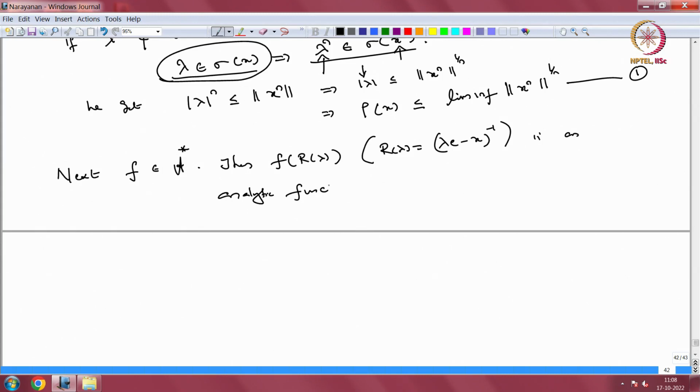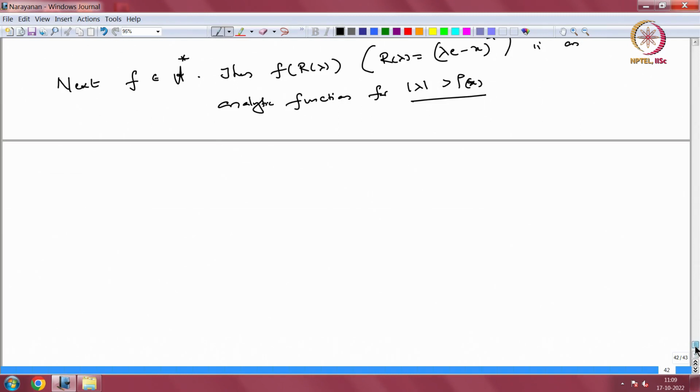an analytic function for mod lambda greater than rho x. So, that is, in fact, on the complement of the spectrum, in particular outside this ball.